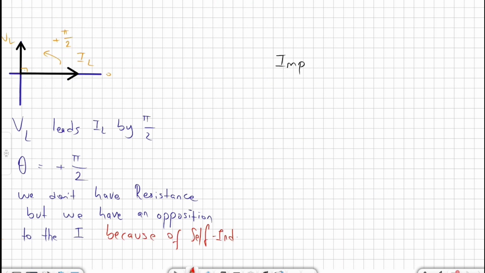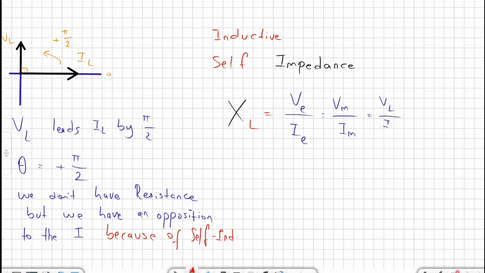So now we have an impedance, and the impedance that we have inside an inductor is because of the self-induction, or it's because of the inductance of the coil. The symbol of impedance is X, and this impedance is self-impedance. It is equal to V over I, V effective over I effective, V max over I max, and VL over IL. We said that resistance does not depend on frequency, but the impedance here depends on frequency.